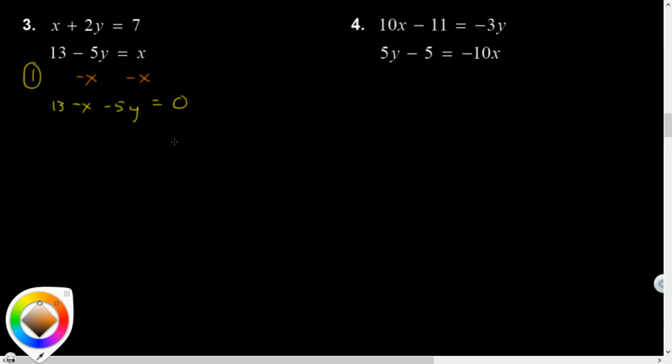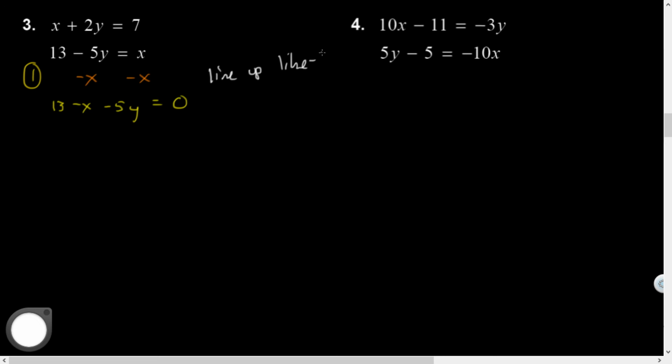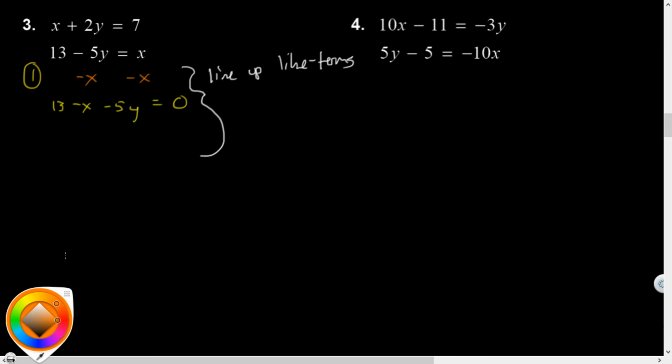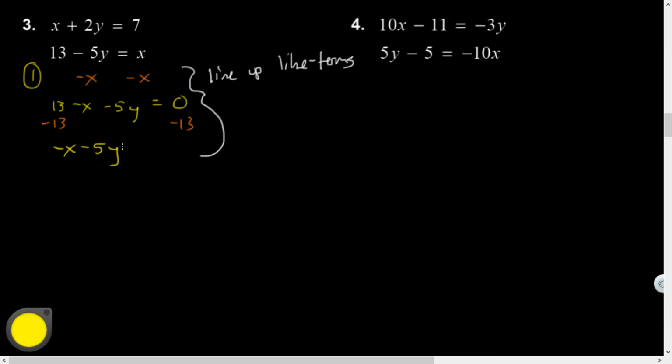Maybe I'll even write what I'm doing: line up like terms is what I'm doing for these steps, okay? And let's see, move that 13. Get it out of here! And I have negative x minus 5y equals negative 13.